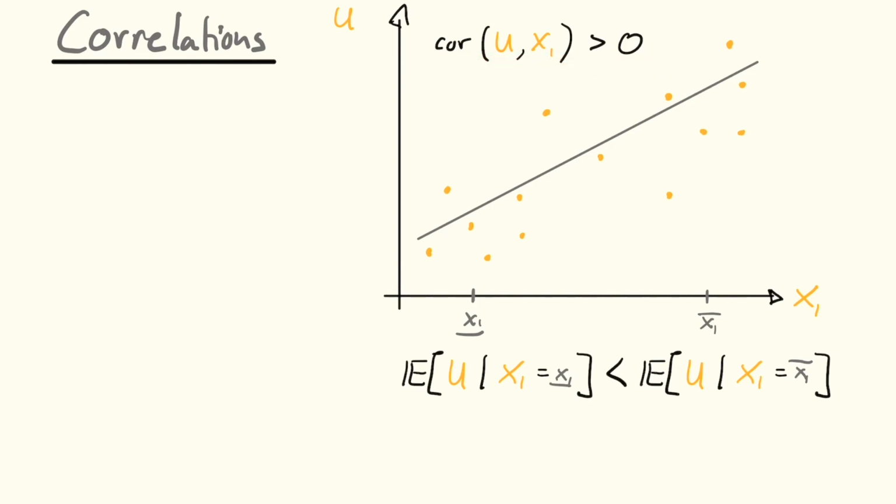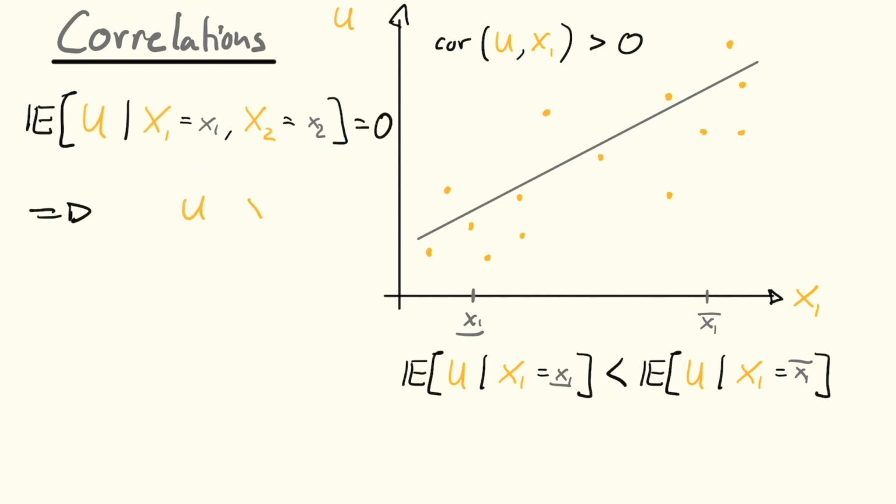We can argue in exactly the same way for negative correlations. Therefore, under exogeneity, u and x1 cannot be negatively correlated. That leaves only one possibility. u and x1 have to be uncorrelated. If exogeneity holds, then u and x1 have to be uncorrelated.